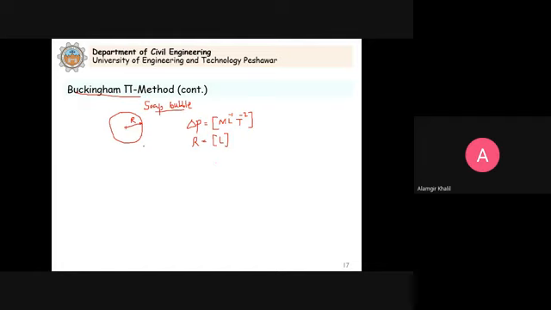Let us assume that the other parameter that can be important is the surface tension, which we denote by sigma. Clear? The surface tension. So what are the dimensions for the surface tension?